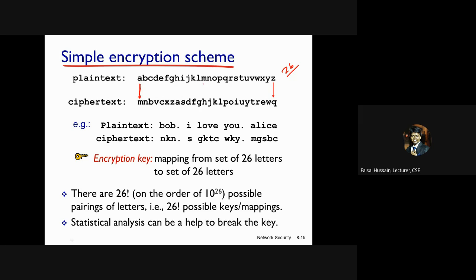You see that from M the value is written in this way, m, n, then b. So for each letter, another letter is chosen, and in this way it can be shifted.